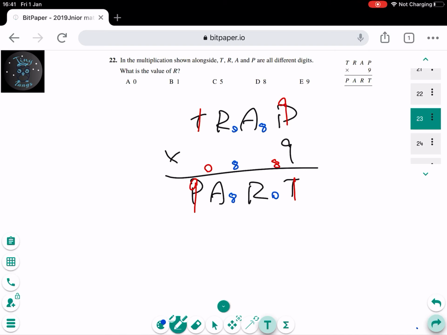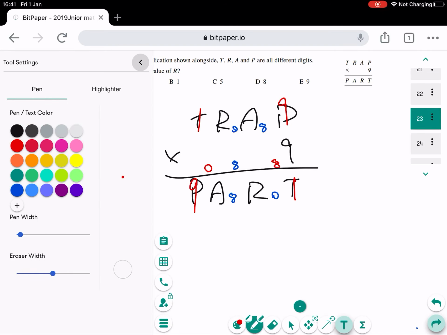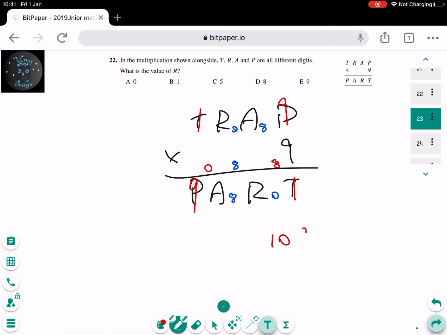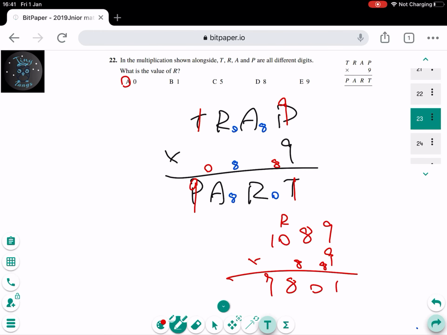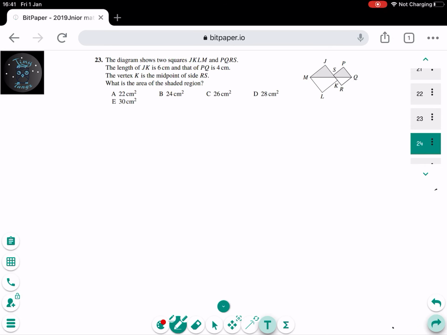The answer is 1089 multiplied by 9 equals 9,801, and it asks us what the value of R is. So we know that the value of R is 0, which is A. So the answer to question 22 is A.